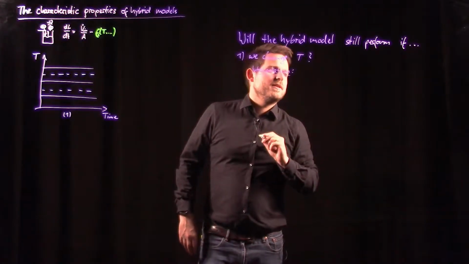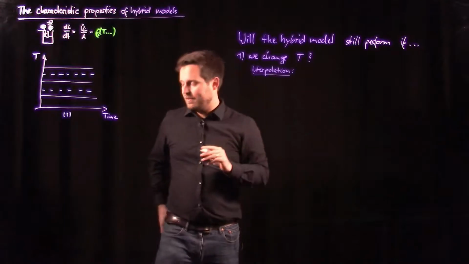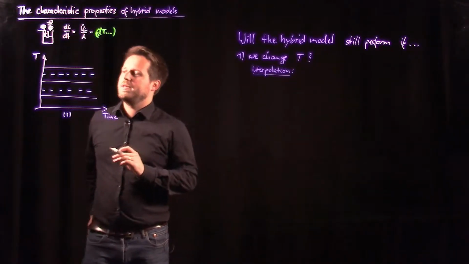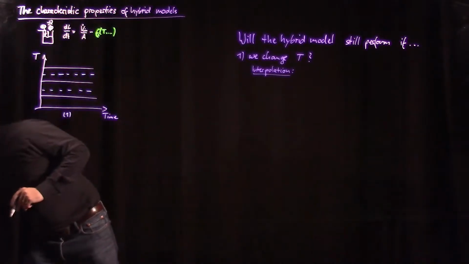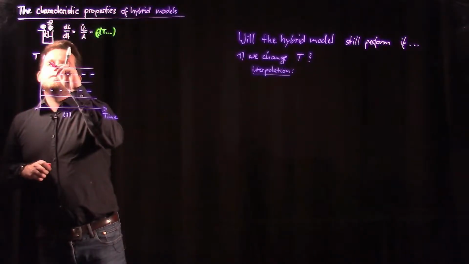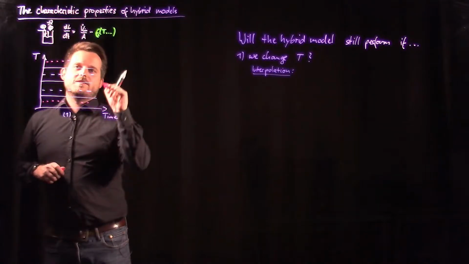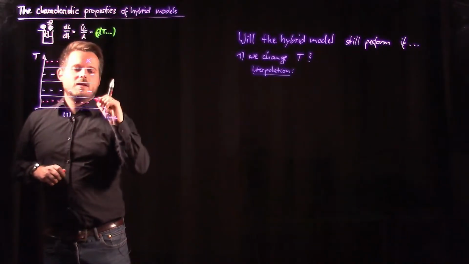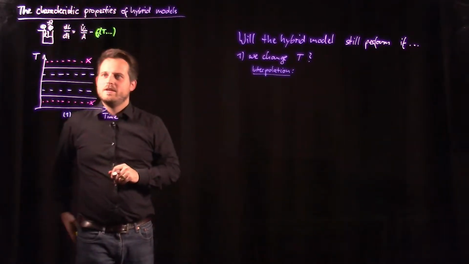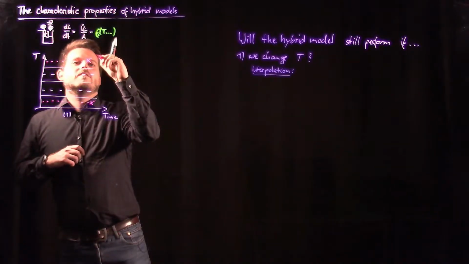And data-driven models can be interpolated usually. You only get a problem if you start to extrapolate the model. And this is basically what happens if you would set some experiments or some simulation out here, because then we would talk about extrapolation, and this is not supported by the data-driven model.